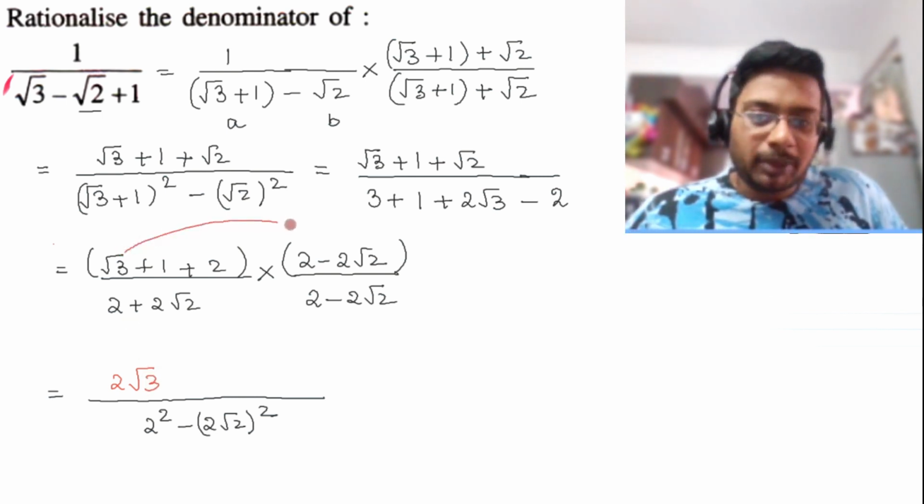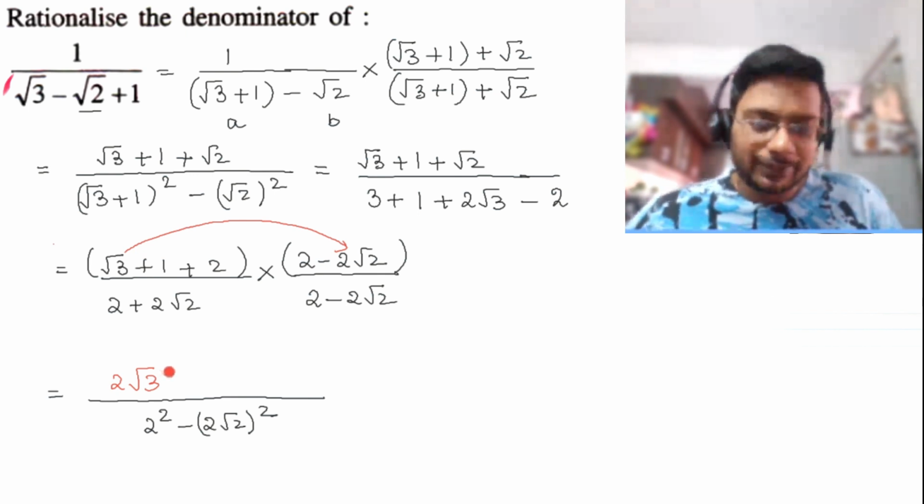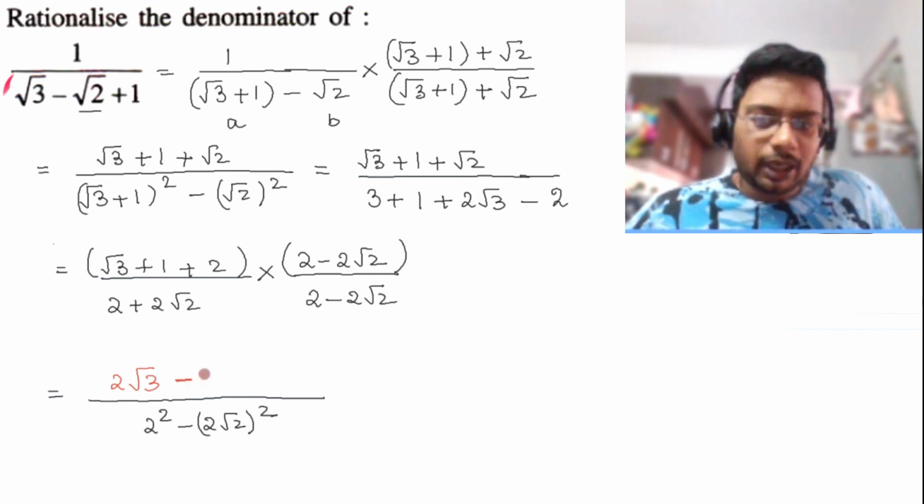Root 3 multiplied with minus 2 root 2, first term with second term now. You can go step by step. First, the sign is negative. Outside the root, we just have 2, and inside the root, we have root 3 and root 2.